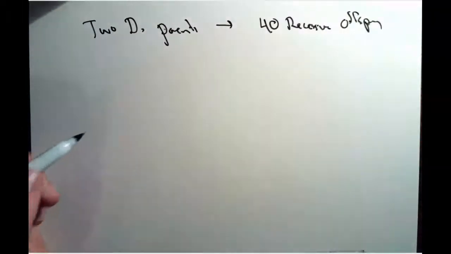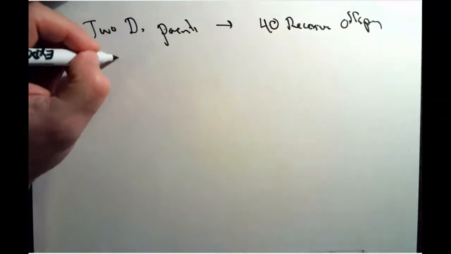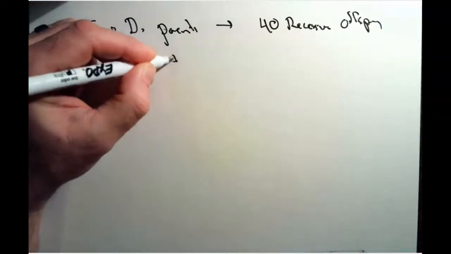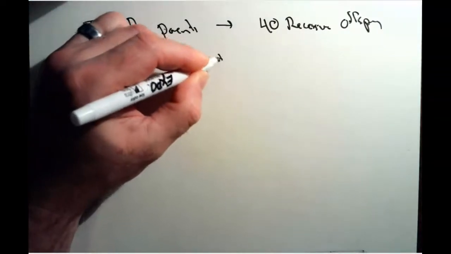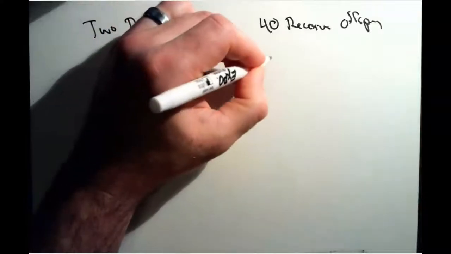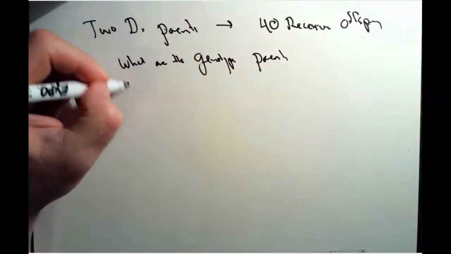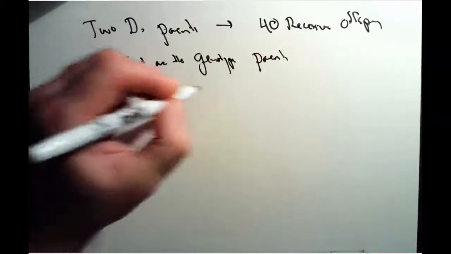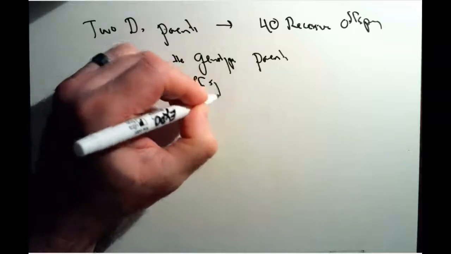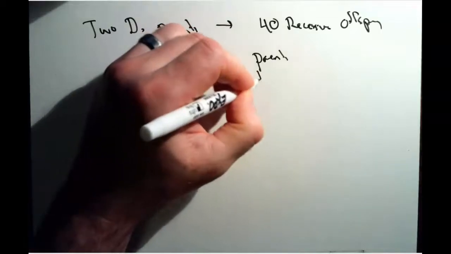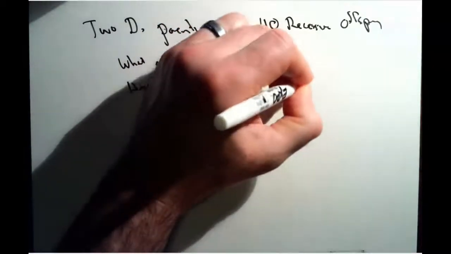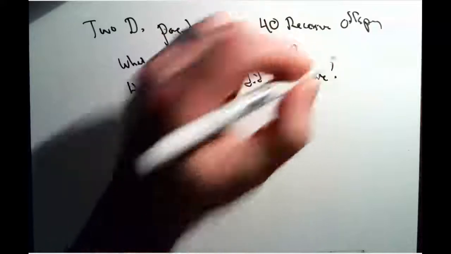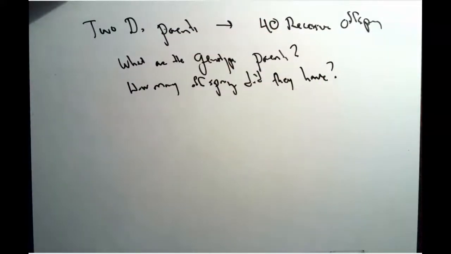And this would be a 2-part question. The first part would be, what are the genotypes of the parents, and the other would be how many total offspring did they have. So we have an inference question and we have a math applied to genetics question. I'll walk you through both.